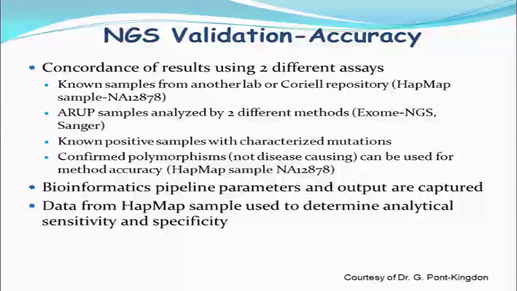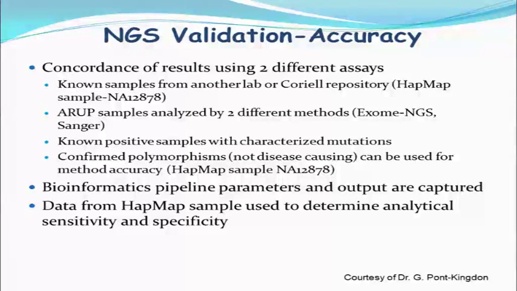Here I'm going to share very briefly about assay validation. NGS validation is more complicated than the others because there is a lot of information. There are two parts to the validation. One is accuracy, which is to determine the concordance of results between two different assays.